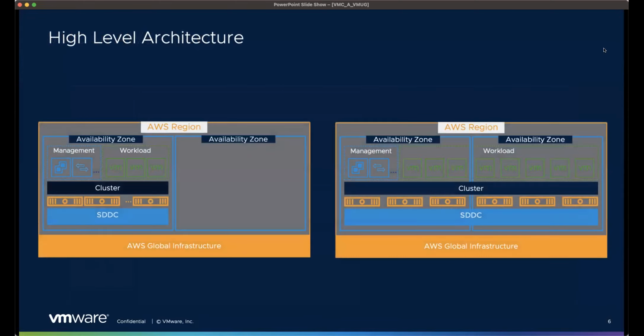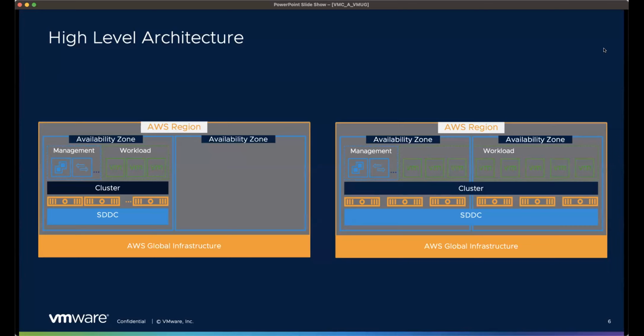Now, the high-level architecture. So again, we are talking about AWS regions and availability zones. An SDDC, as described, is always made up of vSphere, vSAN, and NSX. And an SDDC can be either stretched or non-stretched. Non-stretched SDDCs work within a single availability zone.